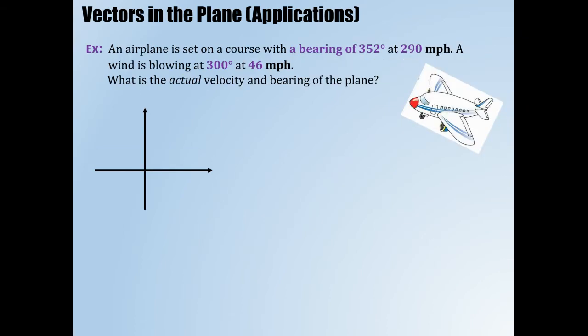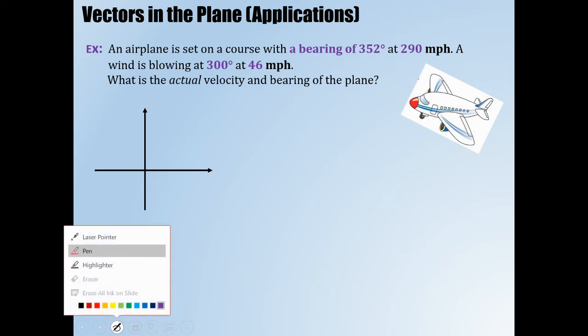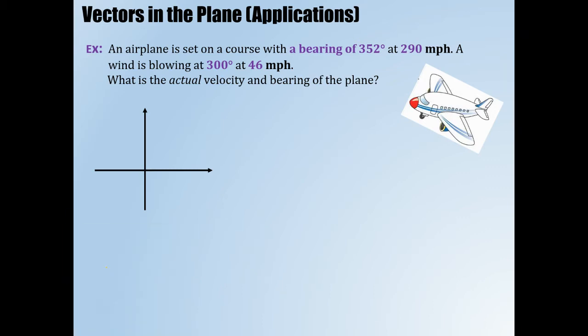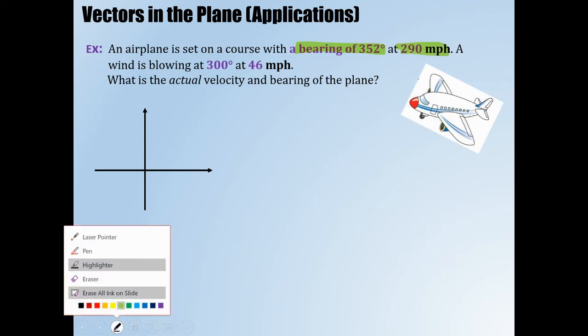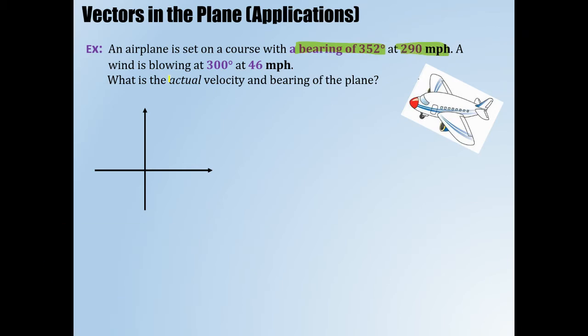What about here? So we're adding on a bit. Let's see what happens here. An airplane is set on a course with a bearing, there's that nice word again, a bearing of 352 degrees at 290 miles per hour. So that's the course the airplane sets out on.